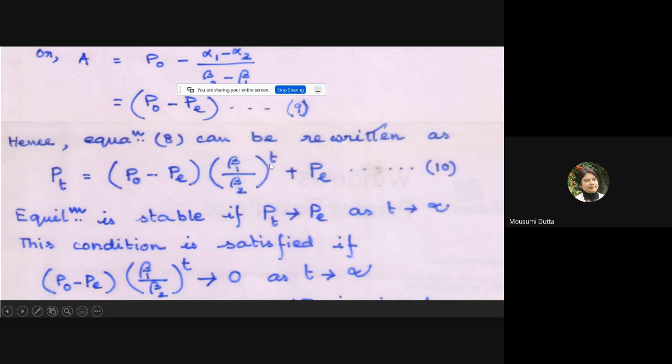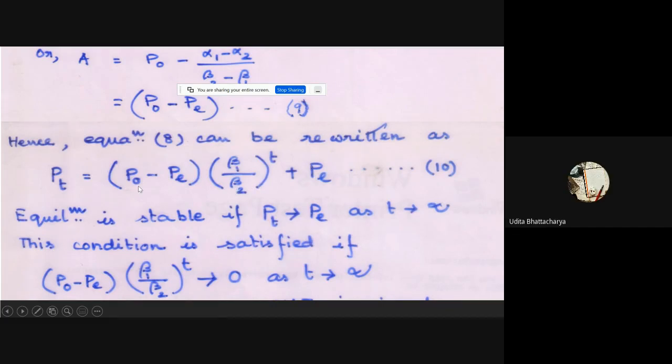In that case, if your power is 1, it will be negative, 2 positive, 3 negative, 4 positive, 5 negative, 6 positive. It will go on like that. So if there is this equilibrium price PE, PT will continuously move up and down this value.